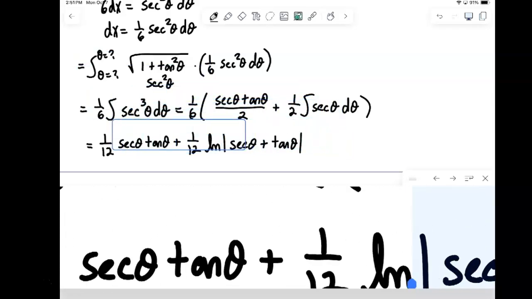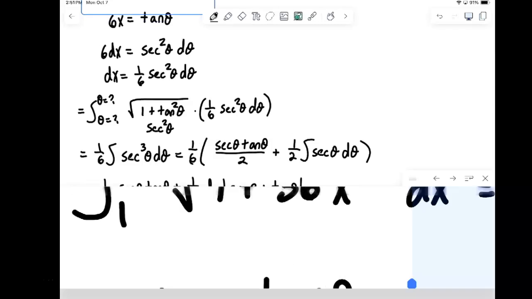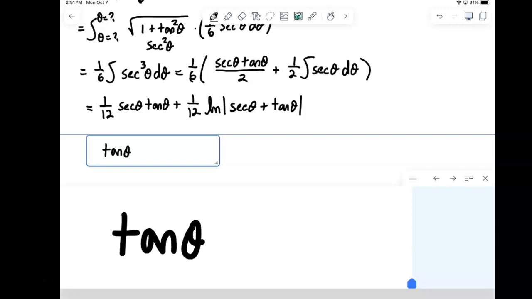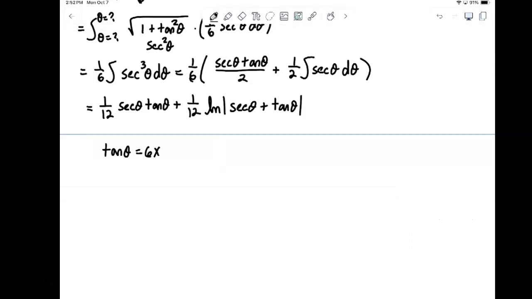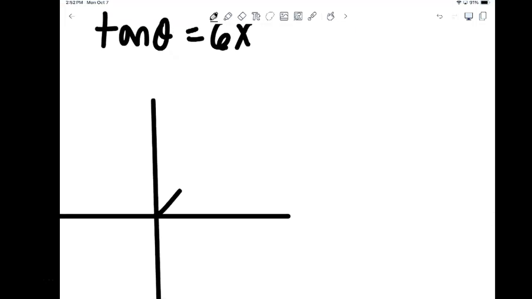So now it's time for me to convert back over from theta. What I know is this: tangent theta is equal to 6x. So I draw the picture. Tangent's inverse goes in either the first or the fourth quadrant. It doesn't matter here with secant which one we draw, because secant is positive in both of those quadrants.